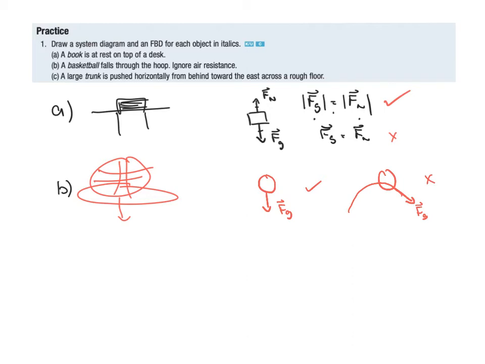All right, in C, a large trunk is being pushed horizontally from behind toward the east across a rough floor. So I'll draw my floor, I'll draw a trunk. Here's my trunk. It's moving to the east, so let's just say that the east is to the right. And someone's pushing it from behind.